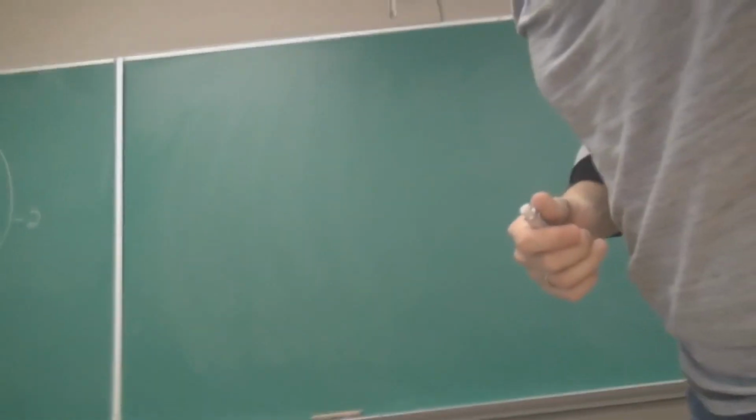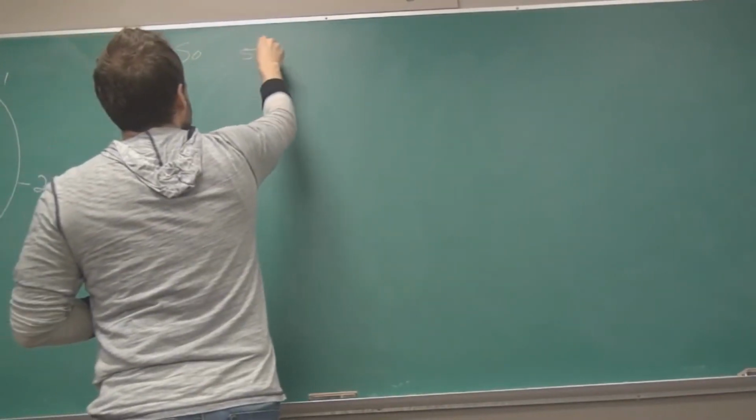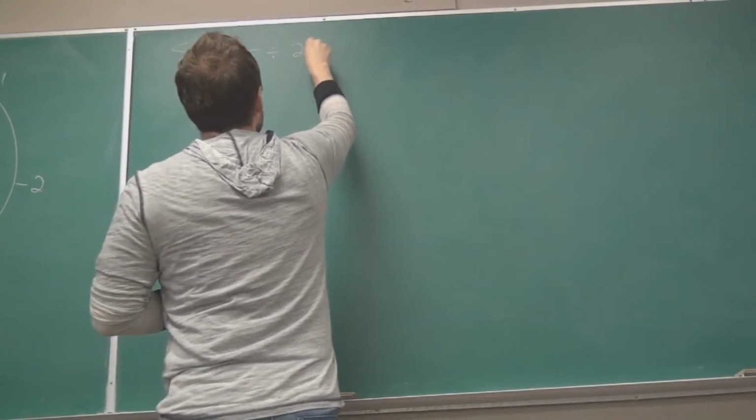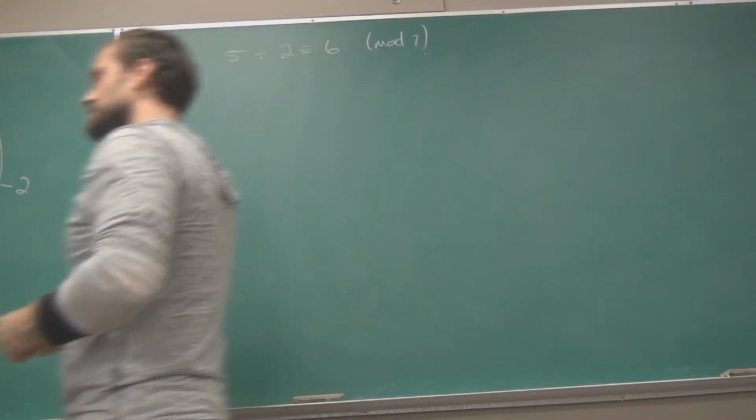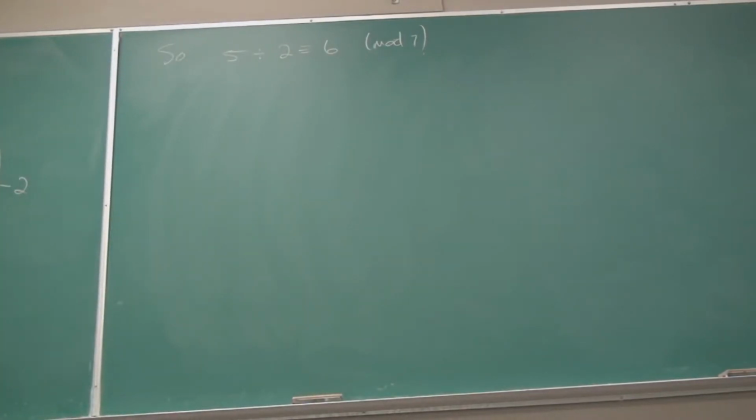Weird as that may look, 5 divided by 2 is 6 mod 7. Not intuitive at all. It's a mathematical counting system that goes in a circle. There are no fractions. There is nothing. But I have an answer. 5 divided by 2 is 6.